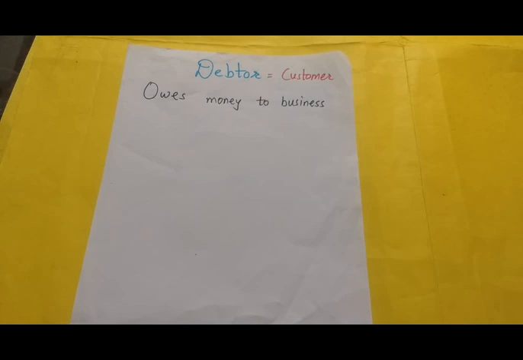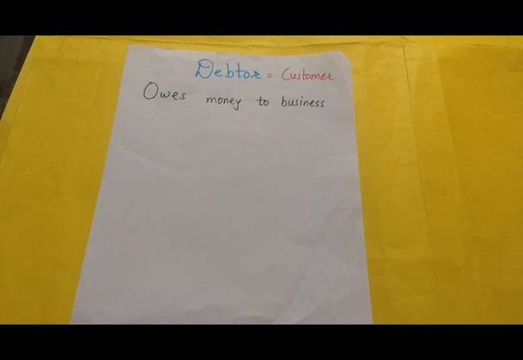Or one more example like that. The business sold goods of, say, 5,000 rupees. So you sold goods of 5,000 rupees to Mr. A, Akram, on credit. On credit means Mr. A has not paid you the money. Now Mr. A is receiving the benefit, that is, you are giving him the goods.